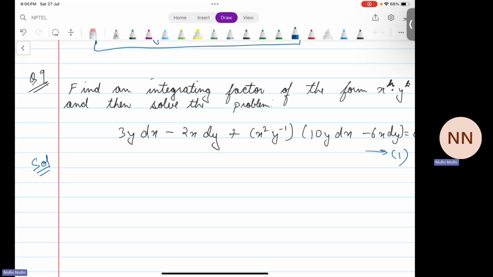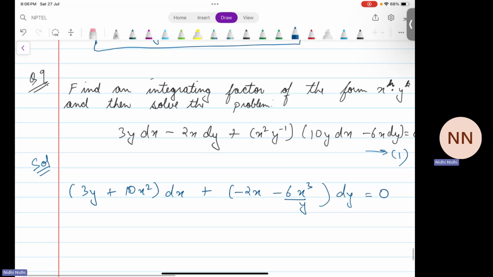Simplify equation 1. Just clubbing the terms multiplied by dx, we get 3y plus 10x square dx plus minus 2x minus 6x cubed by y dy is equal to 0.